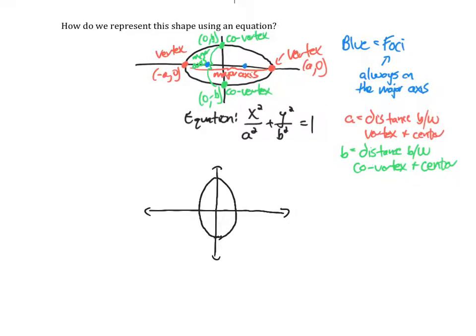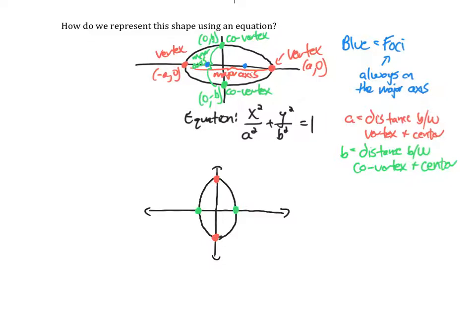But if I had a vertical ellipse, my vertices would now be here and here. Again, they're always the longer of the two lengths. And my co-vertices would be on the x-axis here. So the major axis would now be the y-axis. The minor axis would be the x-axis.